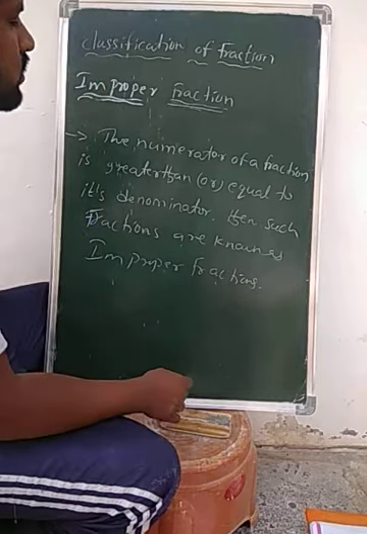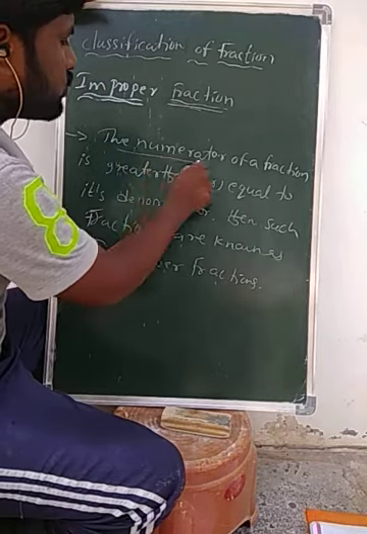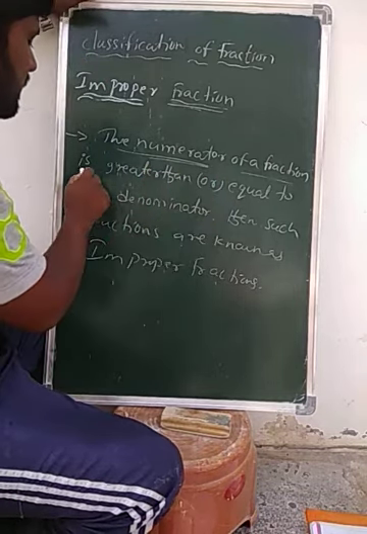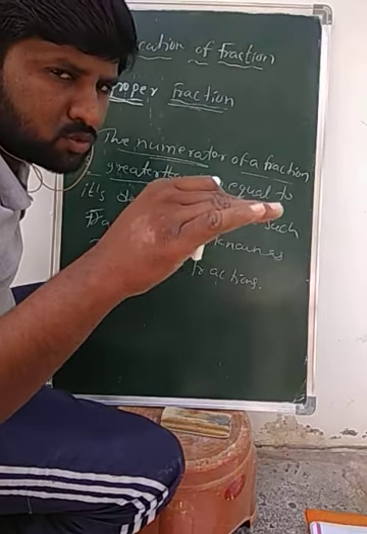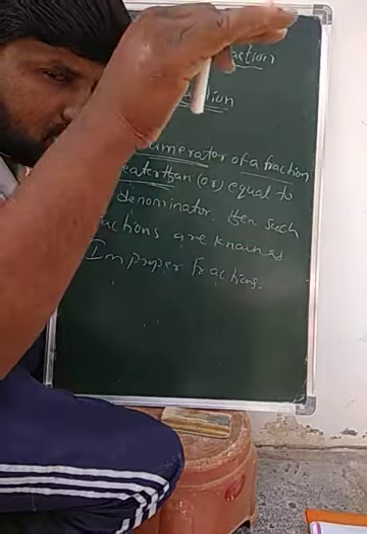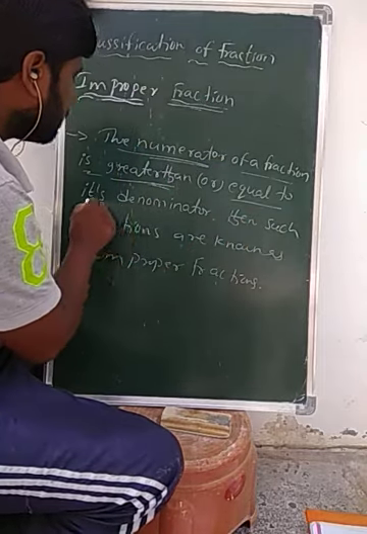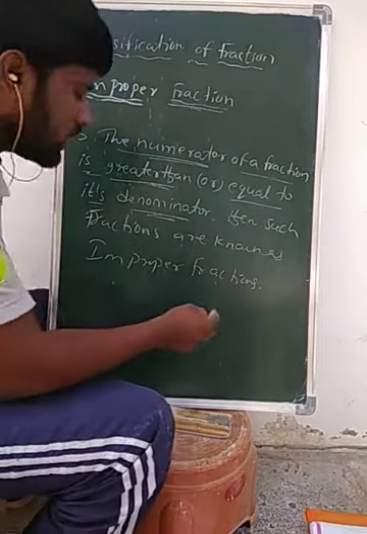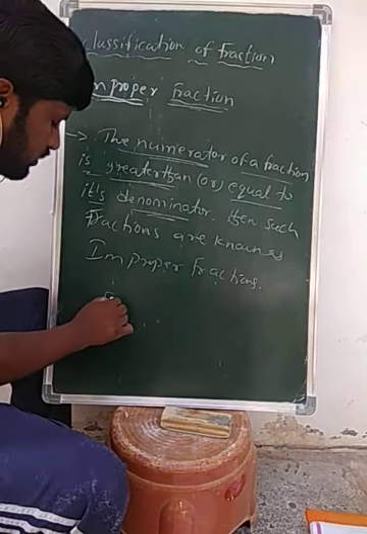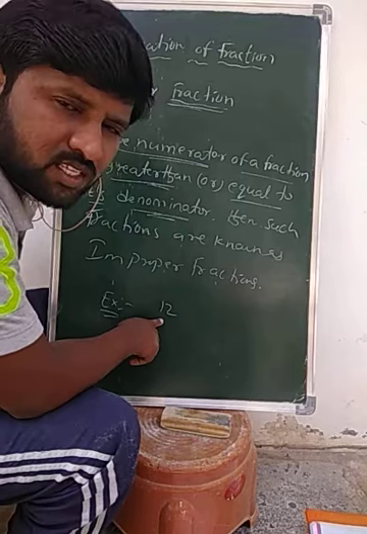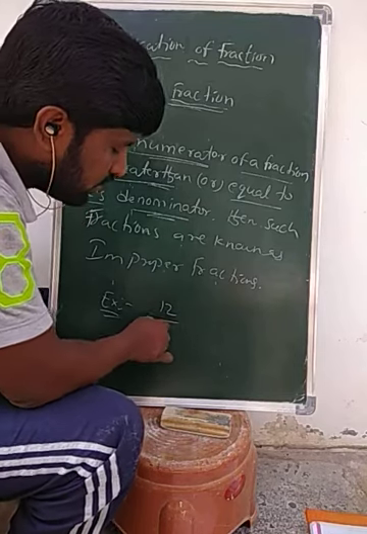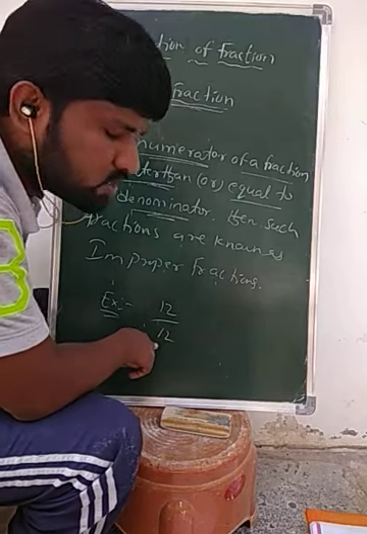Okay, students, clearly the numerator of a fraction is greater than ante ekku undali. Okay na, the numerator of a fraction is greater than or equal to its denominator. Okay na, ante simply the examples are, the numerator of a fraction is 12 and the denominator of a fraction is 12.